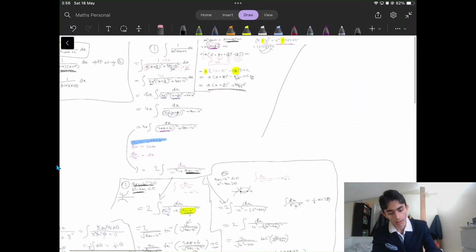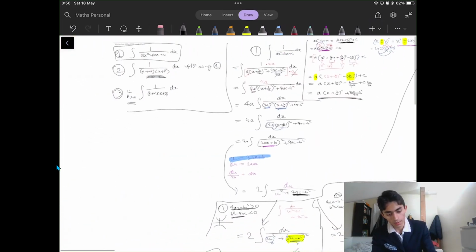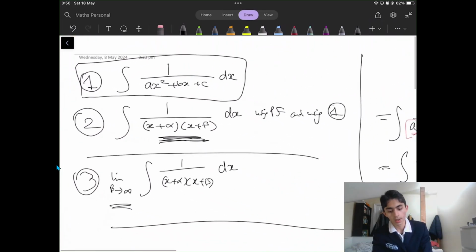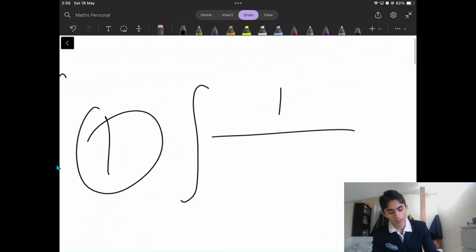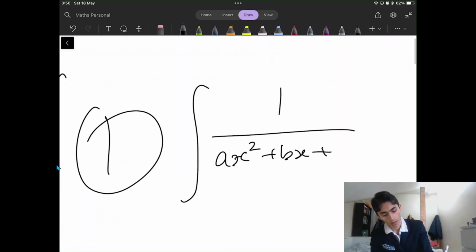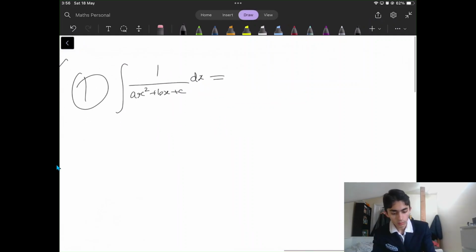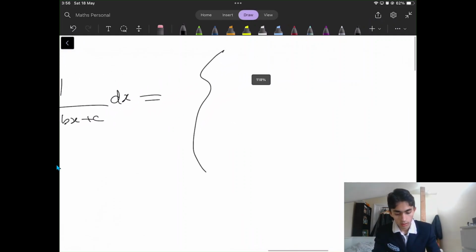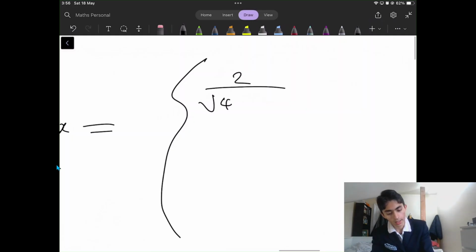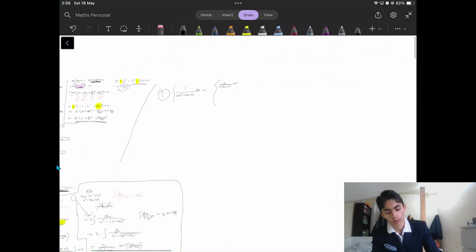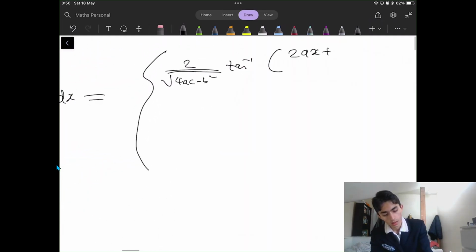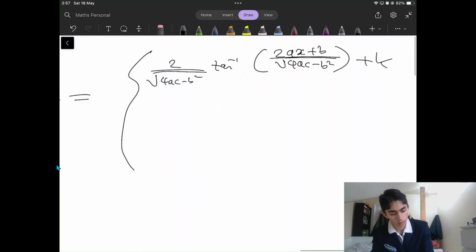So I'm just going to recopy everything. From the start of the video, I said we had 3 things I wanted to discuss. The first thing was the integral of the reciprocal of a quadratic, and we found out together that such an integral will equal 2 things. Either 2 over square root of 4ac minus b squared times the inverse tangent of 2ax plus b over root 4ac minus b squared, plus some arbitrary integral constant, right?